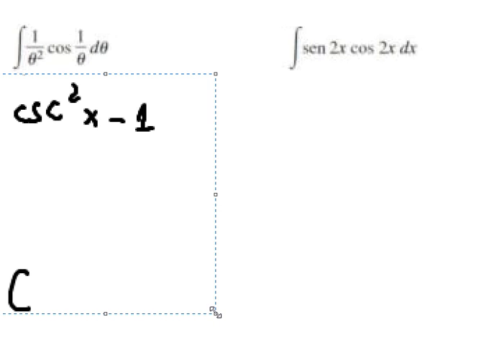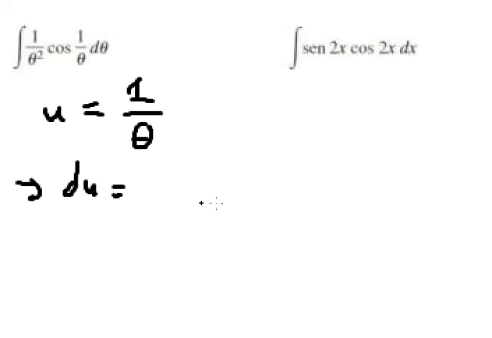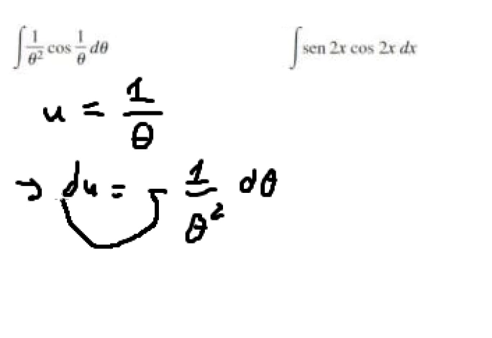In this situation, I will put u equal to 1 over theta. So if we do first derivative for both sides, we have negative 1 over theta squared d theta. Because we don't have negative sign next to 1 over theta squared, I will put the negative to the left.